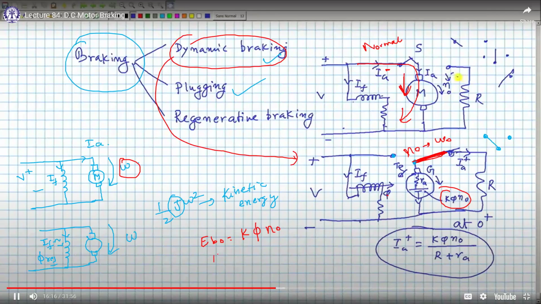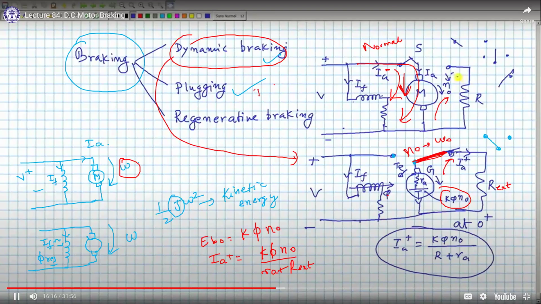Now what is the current? Ia plus is this back EMF divided by the total resistance, which is the armature resistance plus R external, which you have connected for braking. You see, IA was previously for motoring action like this, but now the IA direction has reversed.